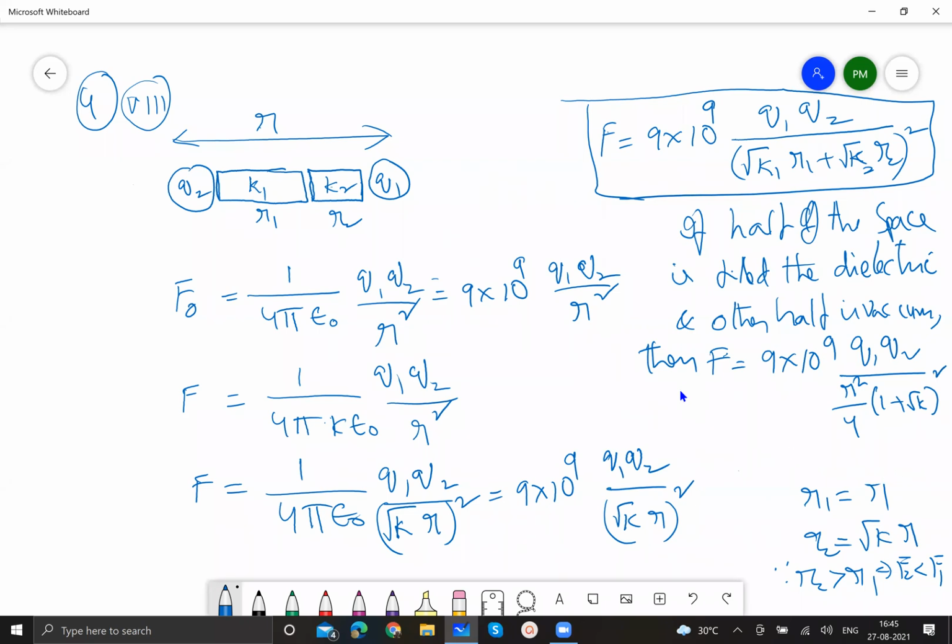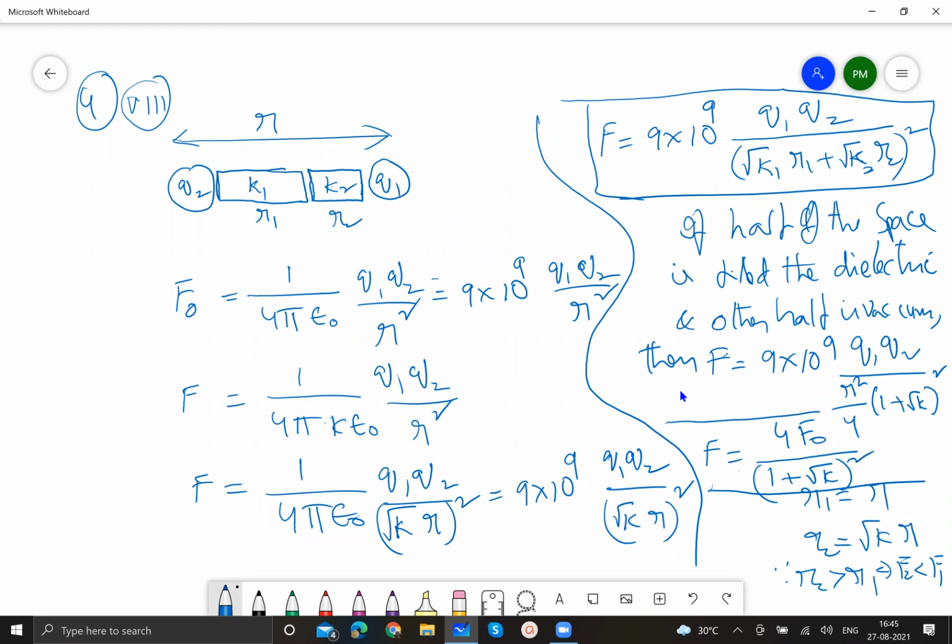So thus it becomes F is equal to 9 into 10 to the power of 9 q1 q2 by r square, that is F naught. So it is 4 F naught by 1 plus root k whole square.